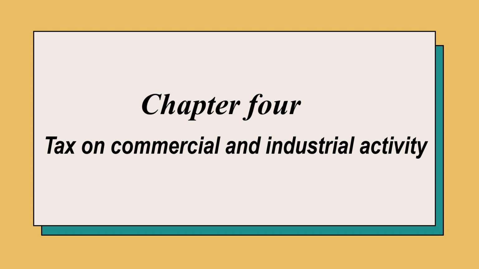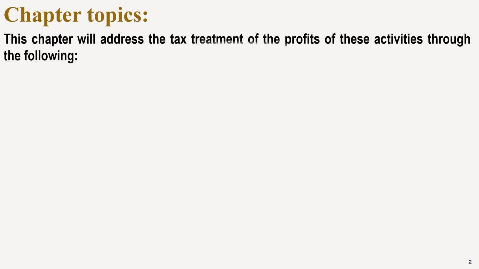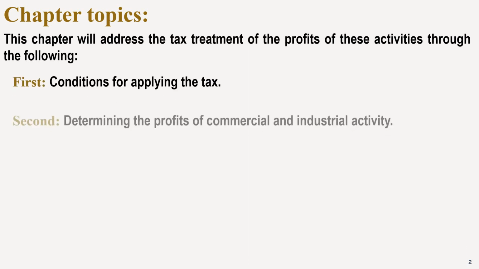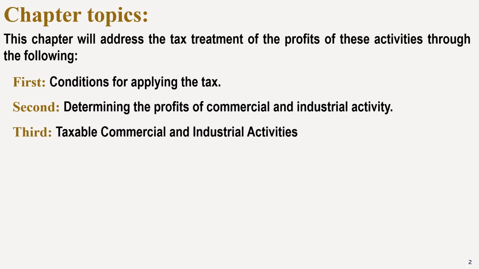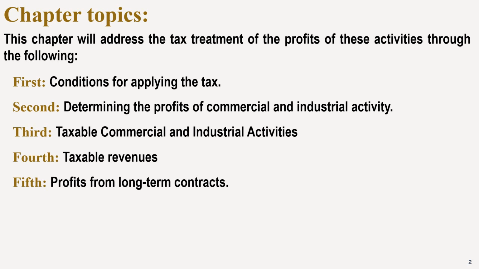In this lecture, we are going to continue studying chapter 4 by explaining deductible costs. In the previous lecture, we have studied conditions for applying the tax and then determining the profit of commercial and industrial activity, taxable commercial and industrial activities, taxable revenues, and finally profit from long-term contracts.